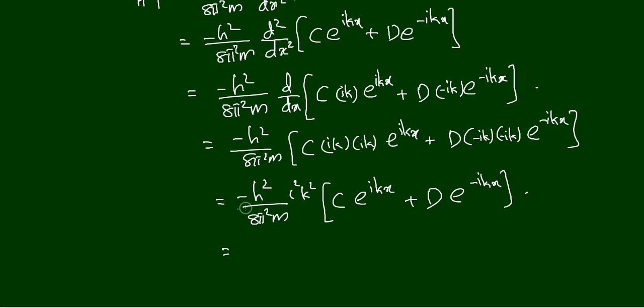So that minus 1 and this minus 1 will be multiplied together, and then it will be plus. So it is equal to h square divided by 8 pi square m into k square, into C e raised to ikx plus D e raised to minus ikx.